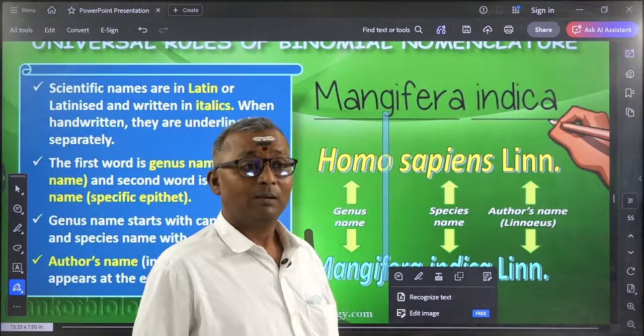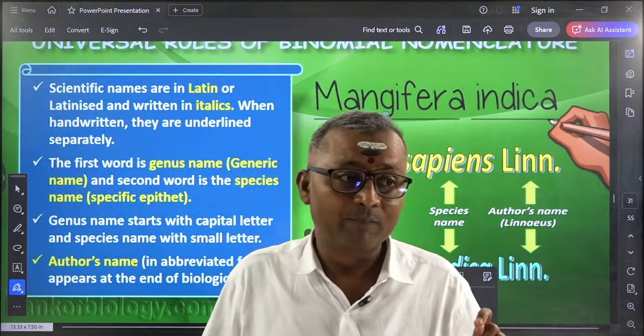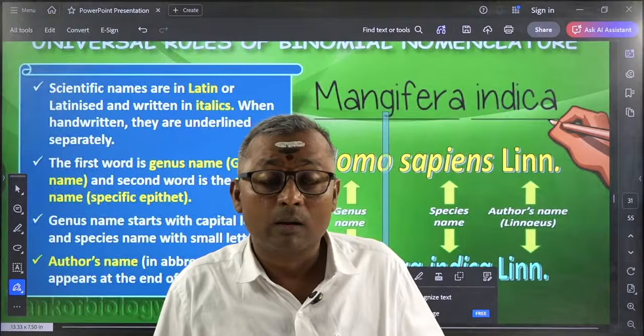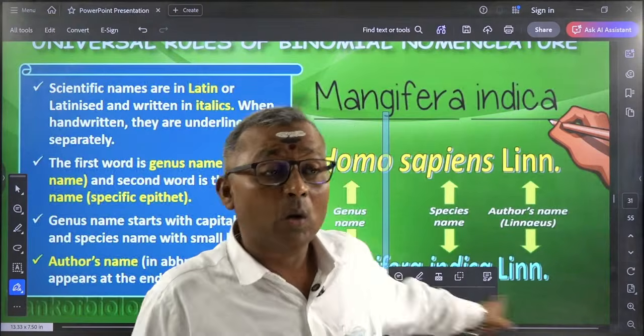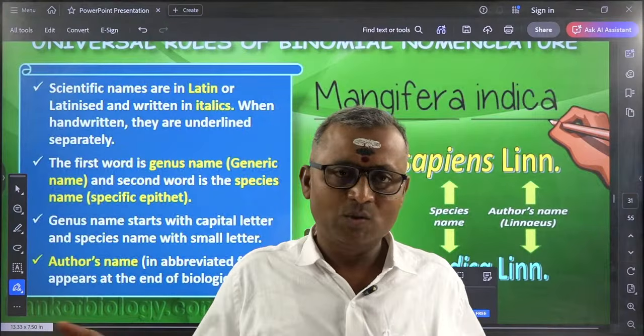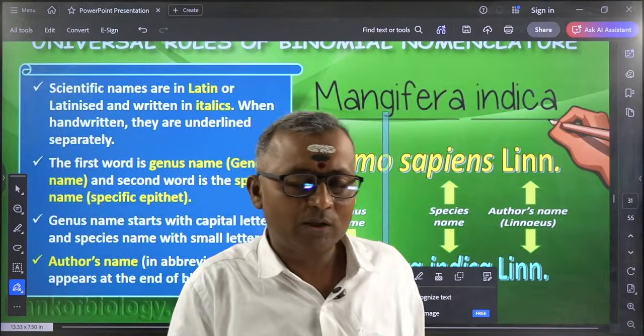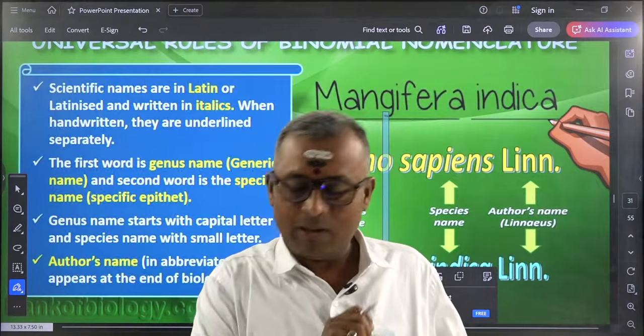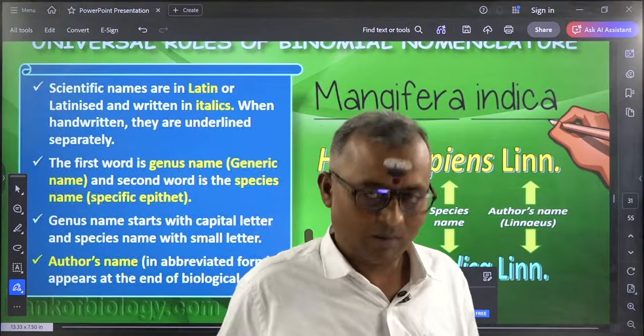Why? Because to indicate that these are Latin in origin. That means they are not English words. If it is an English word, there is no need of highlighting this name by giving underline or keeping in different font.